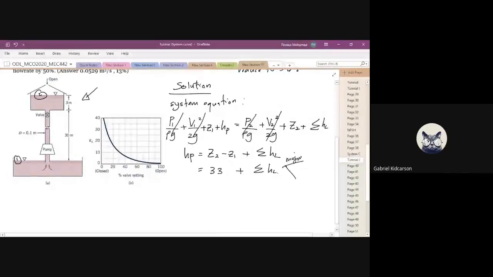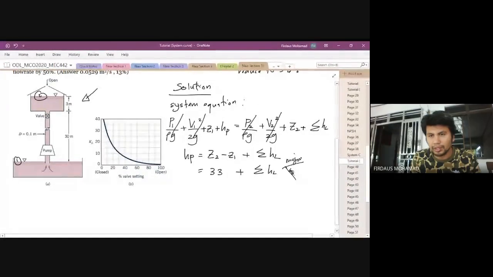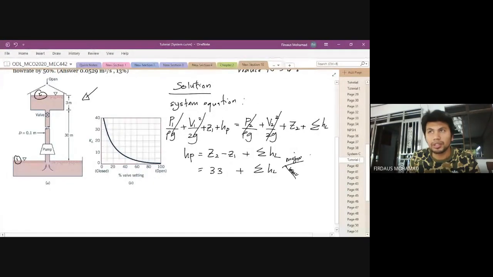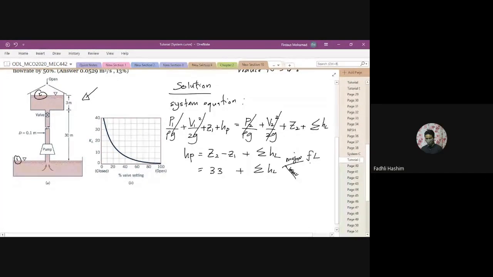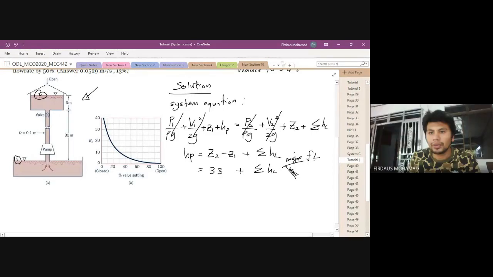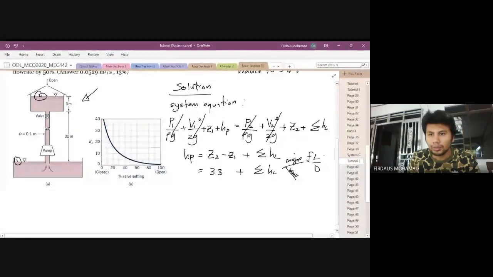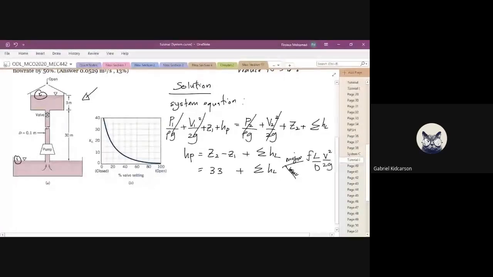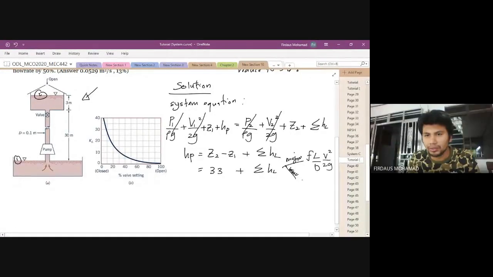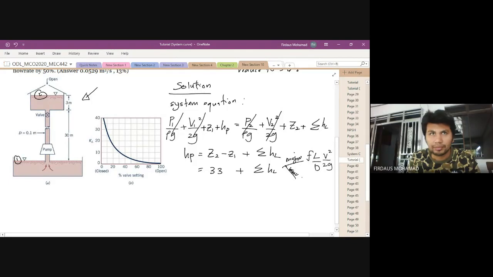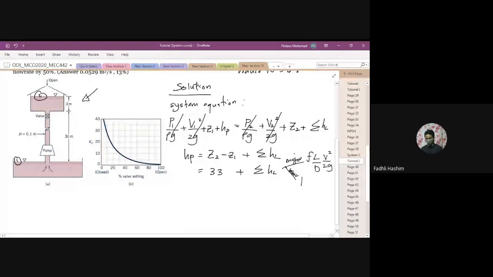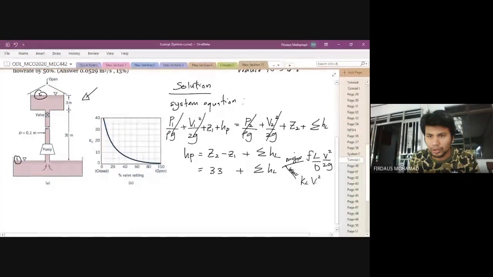The major losses equation is f L over D times V square over 2g. The minor losses are KL times V square over 2g.